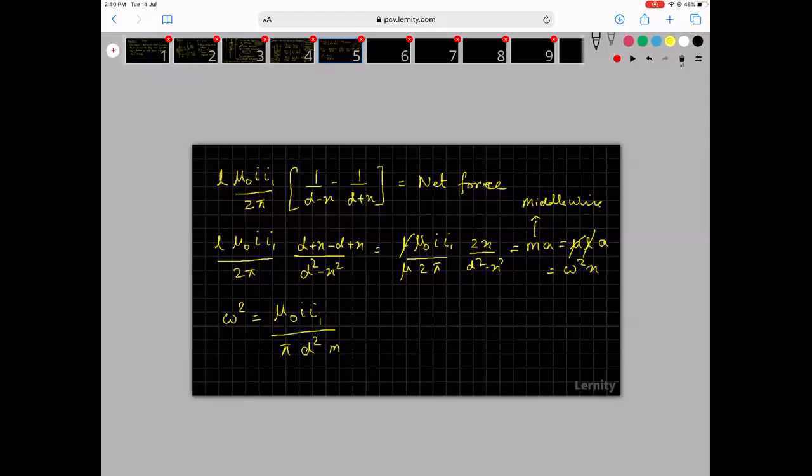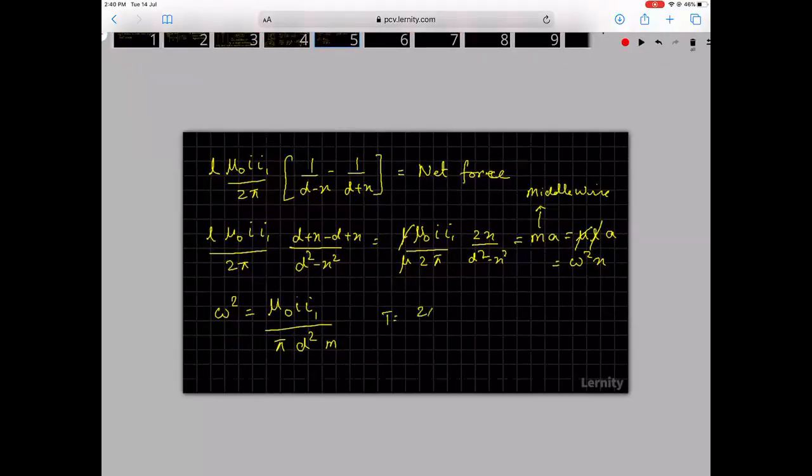Now time period is equal to 2 pi by omega. So that is equal to 2 pi into root over of pi D squared m by mu naught I1.